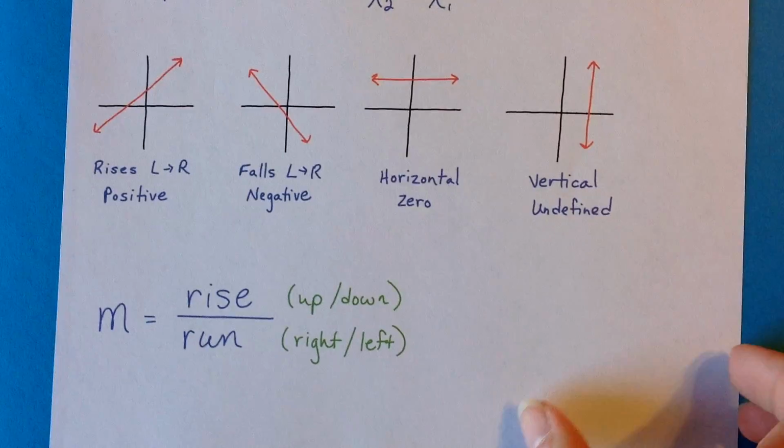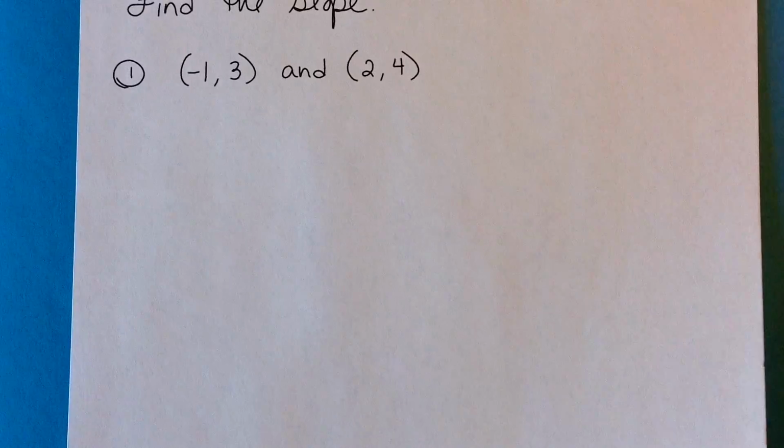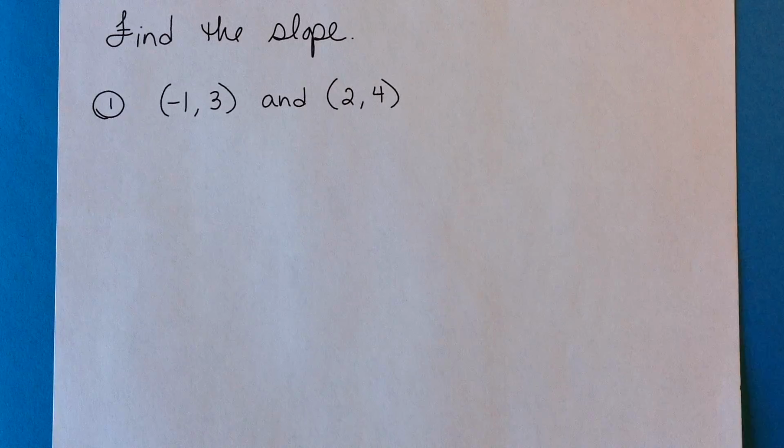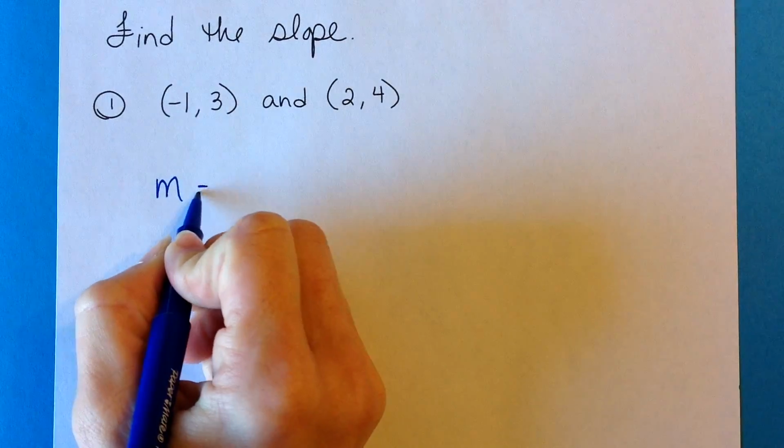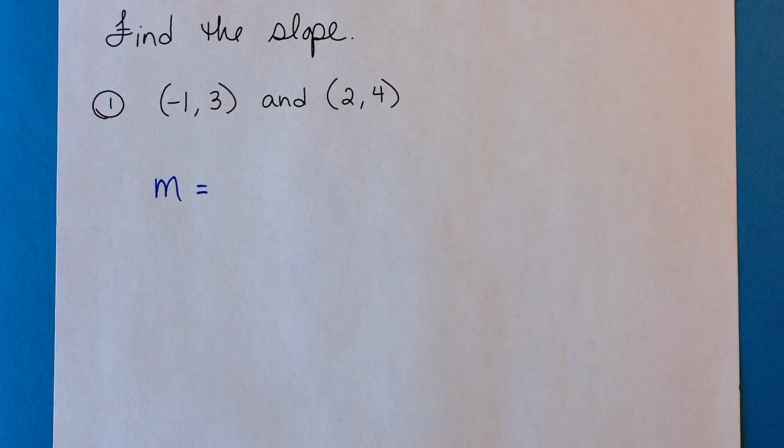All right, so what we're going to do first is actually just use the slope formula. So if you are given these 2 points, so we have a line that passes through both of these points, and you're asked to find the slope. So you've got to subtract your y's. Now, I know that's referred to as y2 minus y1.